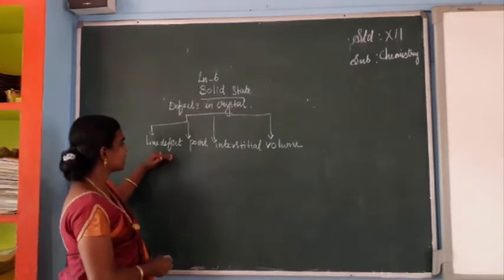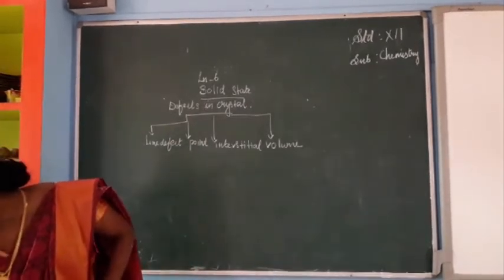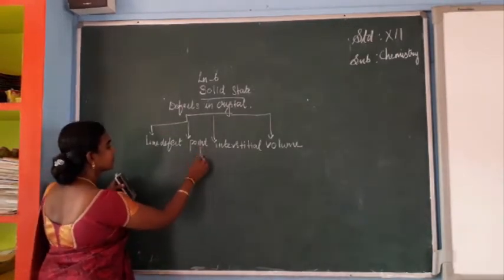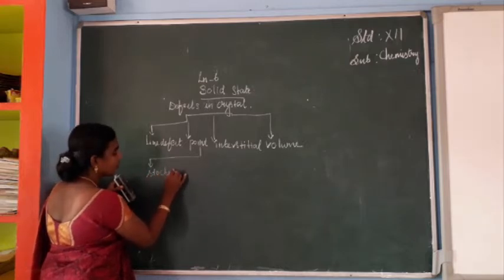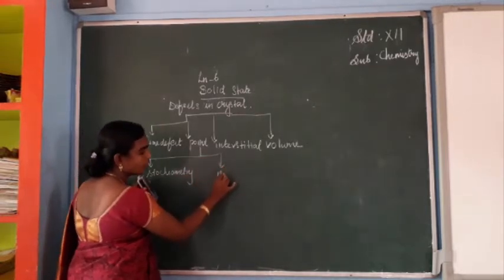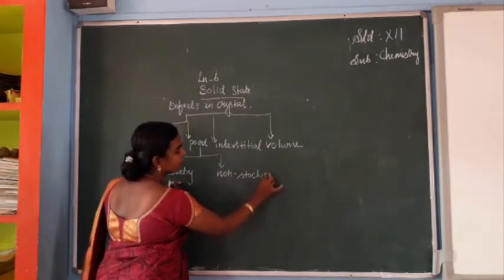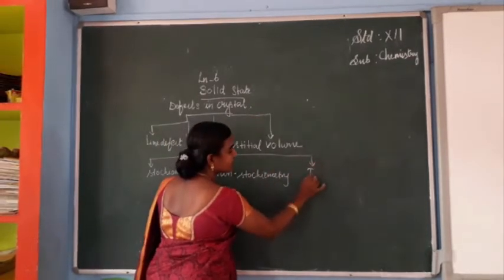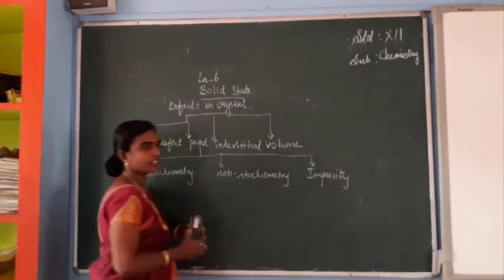So here we can see about point defects. These point defects are again classified into stoichiometry defects, non-stoichiometry defects, and one more, impurity defects. So these are the three types of point defects. What are they?